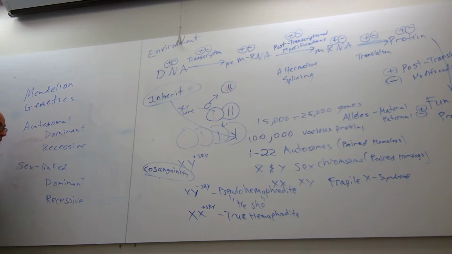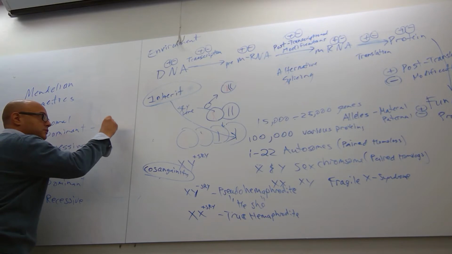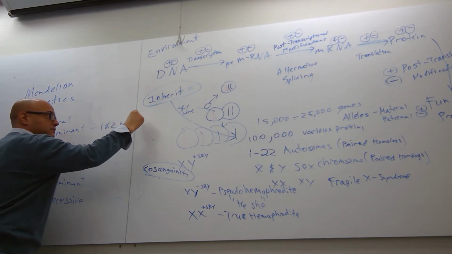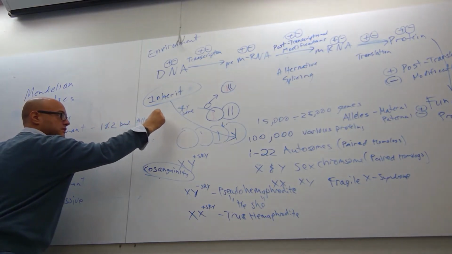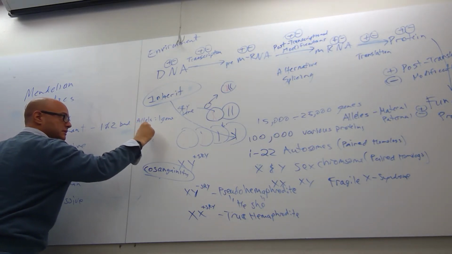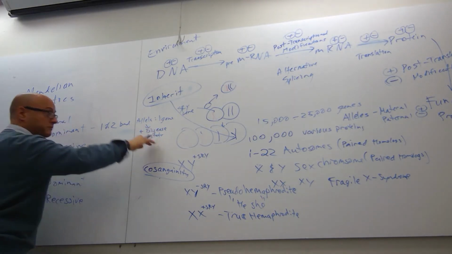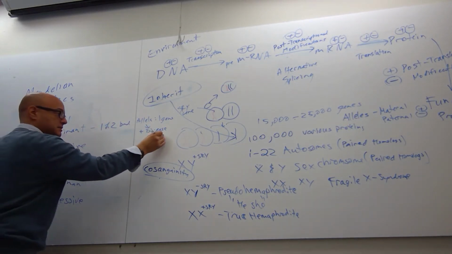And again, the same thing applies. For you to get a disease in an autosomal dominant fashion, all you need is one of two bad alleles in one gene, and you'll result in a positive disease state, signs and symptoms, whatever.